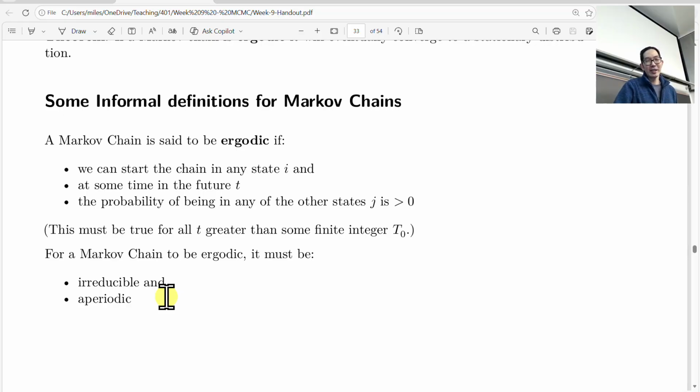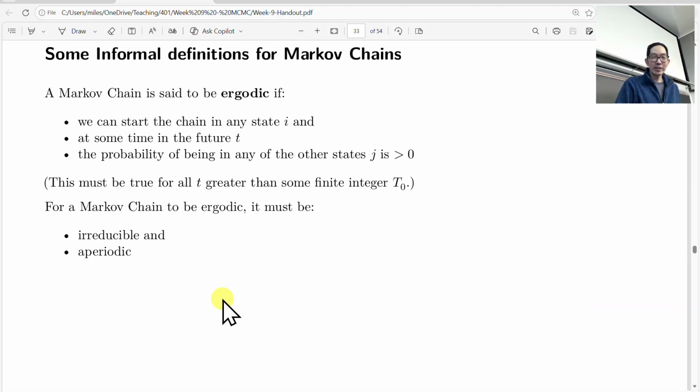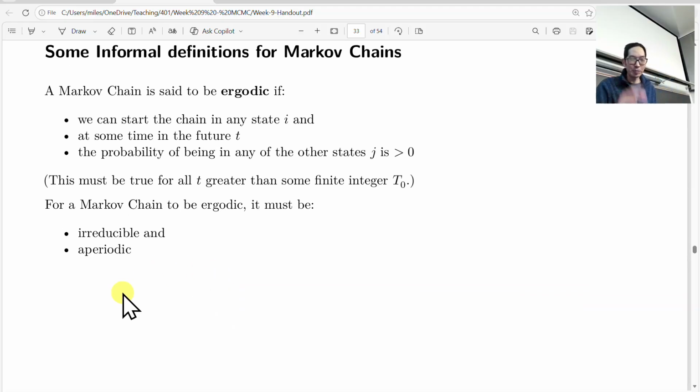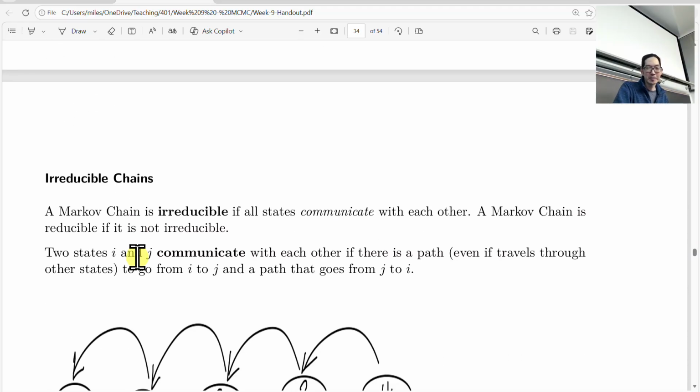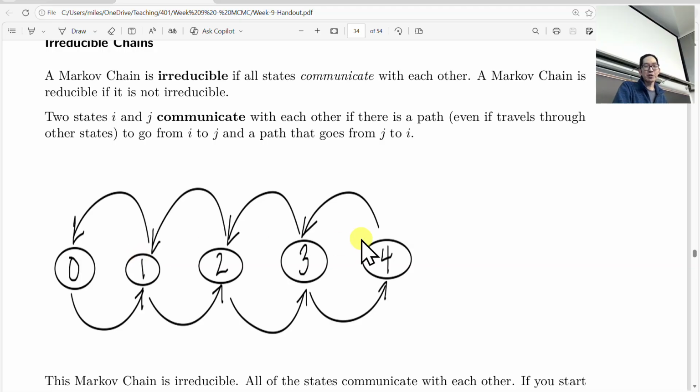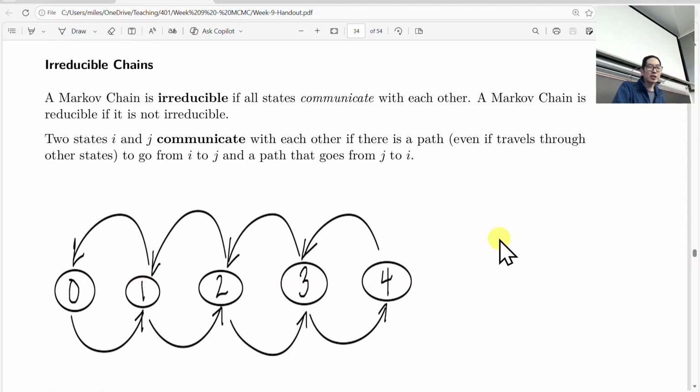We won't get into super formal definitions of theory here, but there are two properties. The Markov chain has to be irreducible and aperiodic. Irreducible just means all of the states communicate with each other. If it's not irreducible, it's reducible.